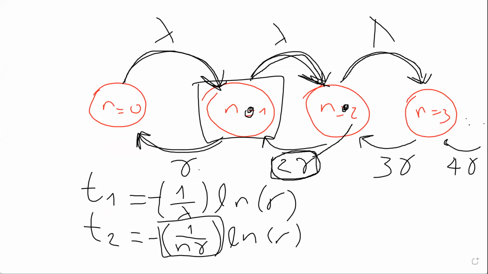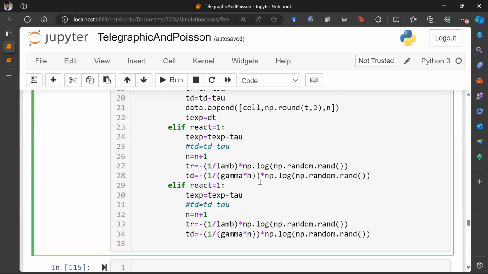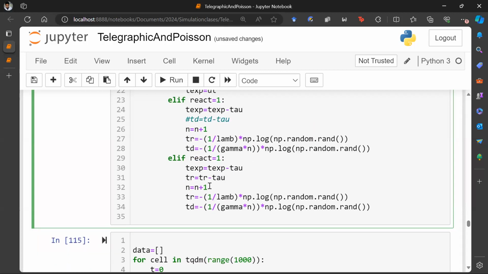Given the properties of the exponential distribution, it's going to be the same. It doesn't matter if I calculate again or not. But to keep the consistency, I'm going to subtract my tau from the time to reaction. This is going to help us with some more complicated simulations. If this time is not exponential, I have to do this. If the time is from another kind of process, this should work in most of the cases.